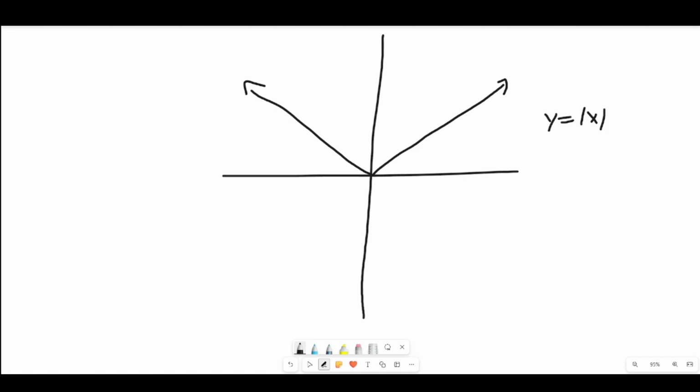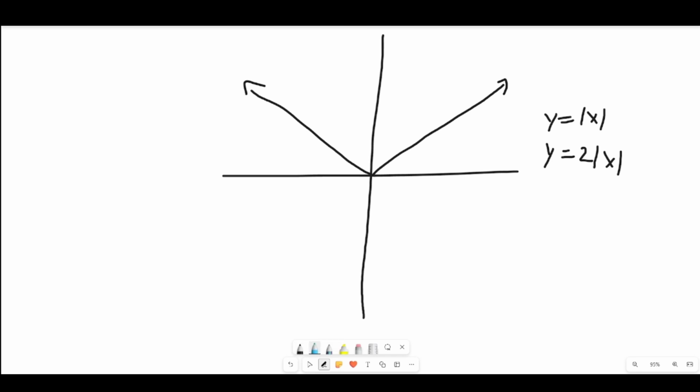Now, let's say we want to change it so that y would equal 2 absolute value of x. Now, 2 absolute value of x would just make it so that the result would be double, right?